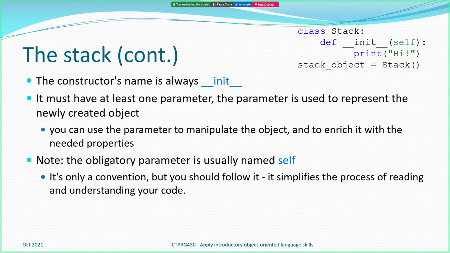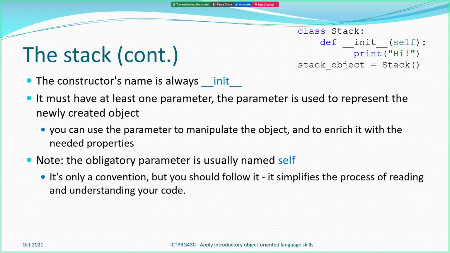This is a must. It must have at least one parameter to represent the new object, and this enables us to come back and manipulate and make changes as we need. Normally we call this parameter self. It's a convention, but it makes it easier for us when we're coding in this manner.